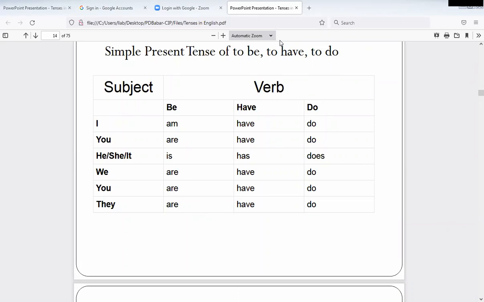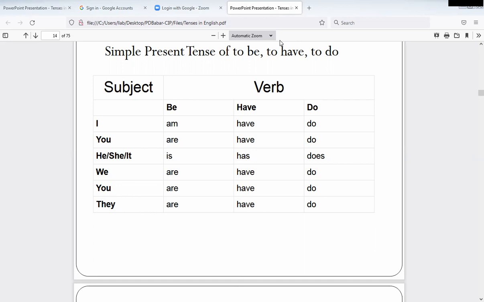Or she tries to inspire him. She tries to inspire him, or she tries to motivate him. She tries to motivate us. These types of forms we will use.